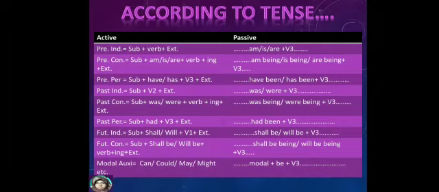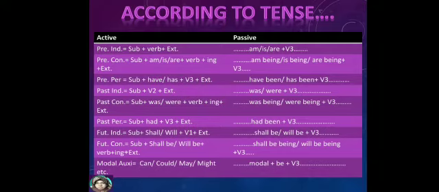As you can see here that when the sentence is present indefinite tense, the structure is subject plus main verb plus extension, and passive form there will be used auxiliary verb am, is, are, and verb is past participle form. Look in the active voice, there is no auxiliary verb, but in the passive voice auxiliary verb must be used with verbs past participle form, that is V3 form.